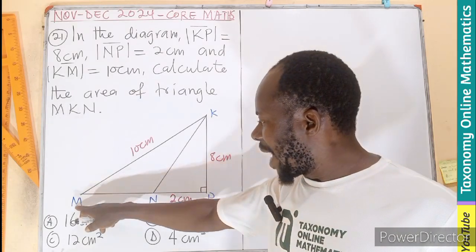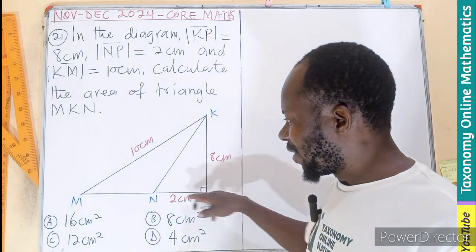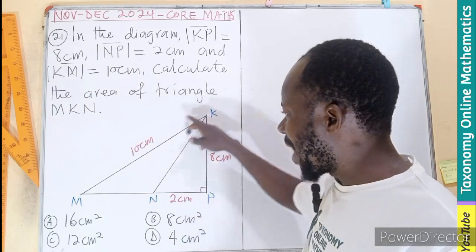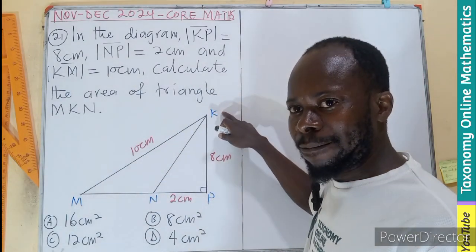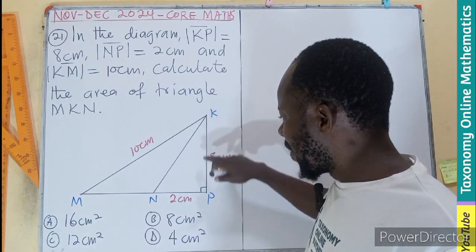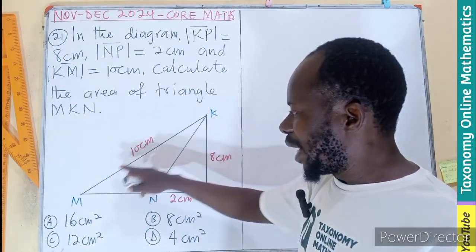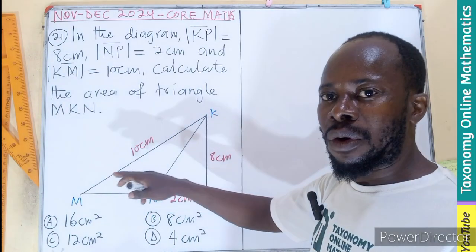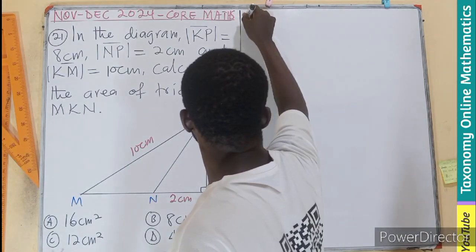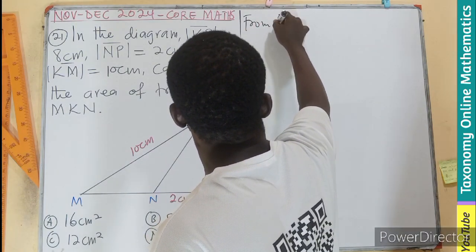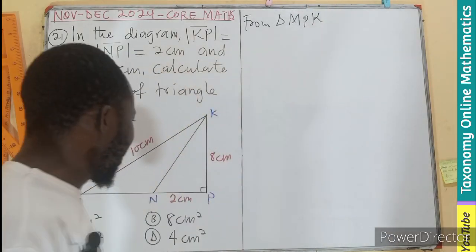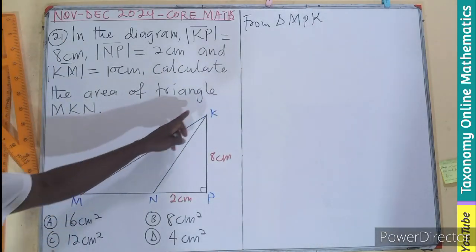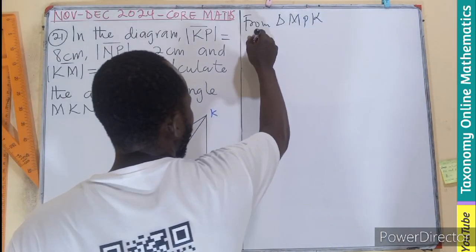Now we know that MP is going to be part of the bigger right angle triangle, MPK. Using the right angle here, we can use the Pythagoras theorem. So from the triangle MPK, using Pythagoras theorem, the longest side is going to be 10.